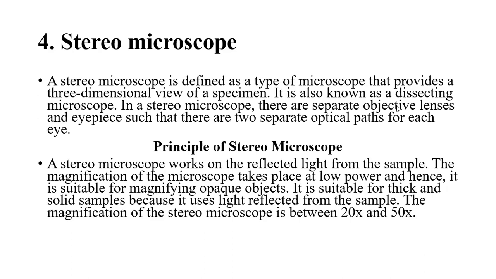The principle: a stereo microscope works on the reflected light from the sample. Magnification takes place at a low power and hence is suitable for magnifying opaque objects. It is suitable for thick and solid samples because it uses light reflected from the sample. The magnification is between 20 times and 50 times.